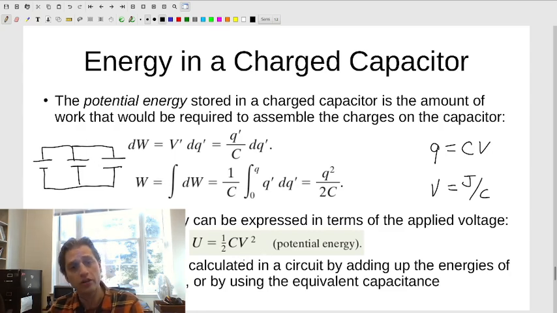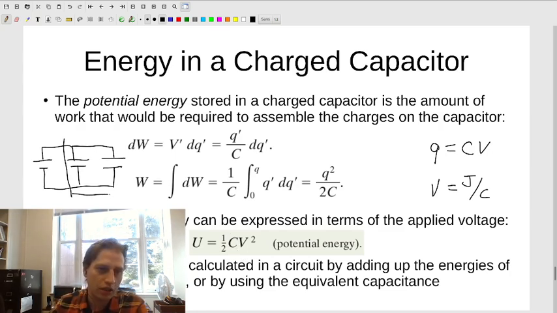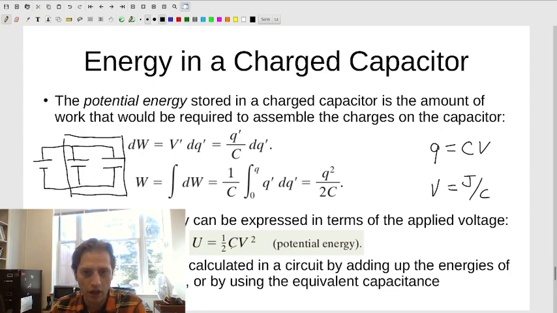On the other hand, I could also find my equivalent capacitance and then treat this as a single capacitor and use this expression to find the energy of the whole circuit in that way. So it works either way.